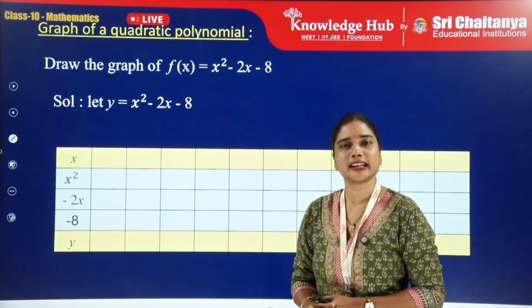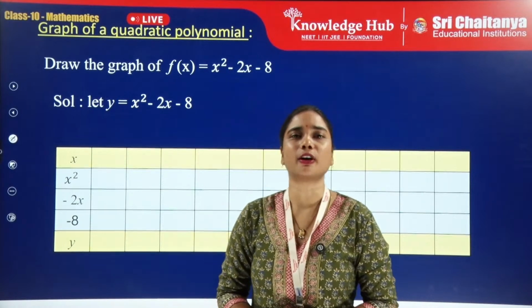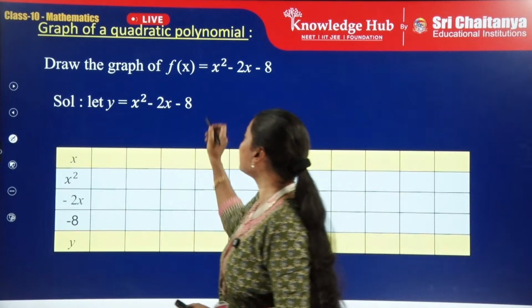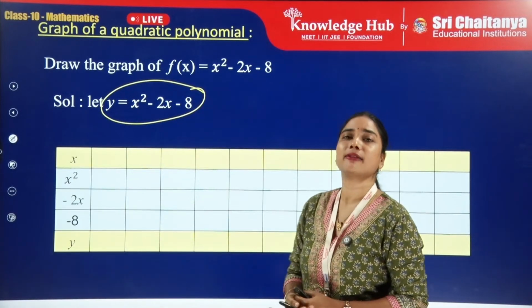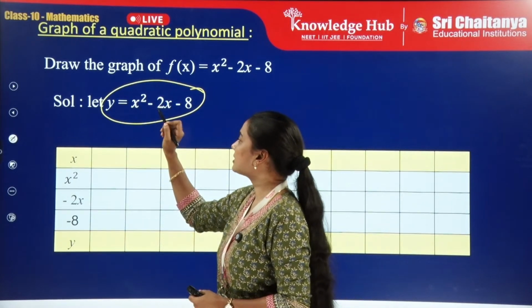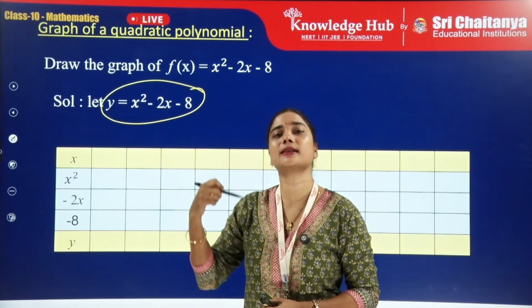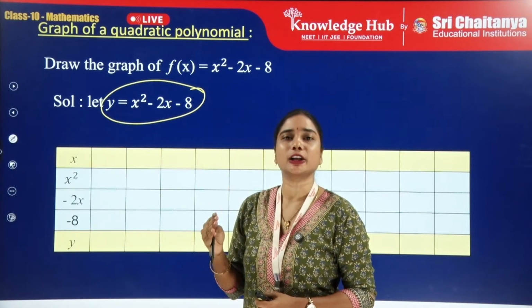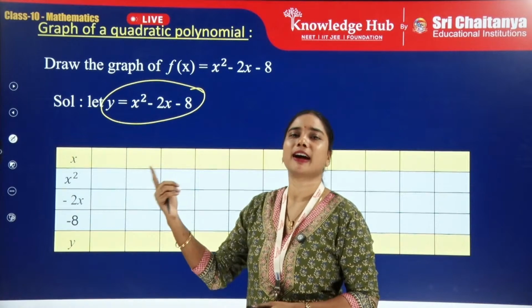To construct a graph, we have to find the x coordinates and y coordinates. But from this, how to find them? As I mentioned, consider the given polynomial as y. So y = x² - 2x - 8. We have to substitute values in the place of x, then we will get the value of y.